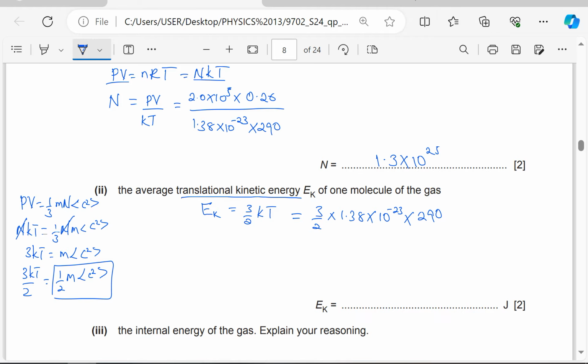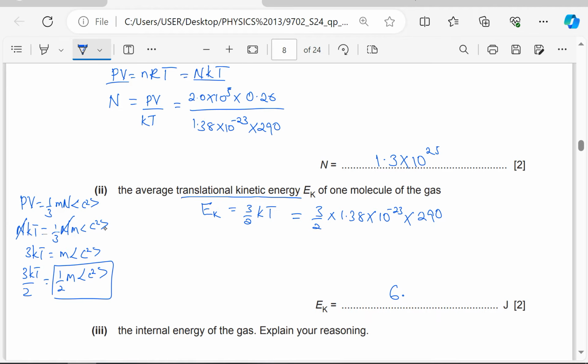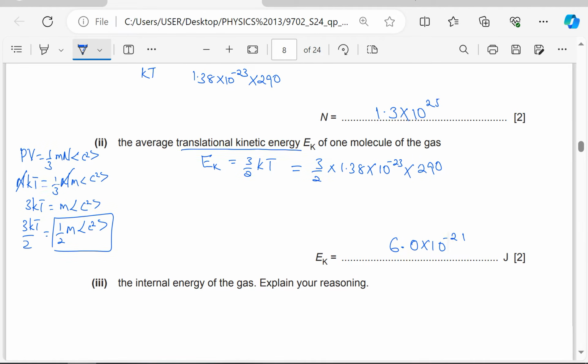So I'll just press my calculator. 3 divided by 2 times 290 times 1.38 exponent minus 23. So that is 6.0 times 10 to the power of minus 21.